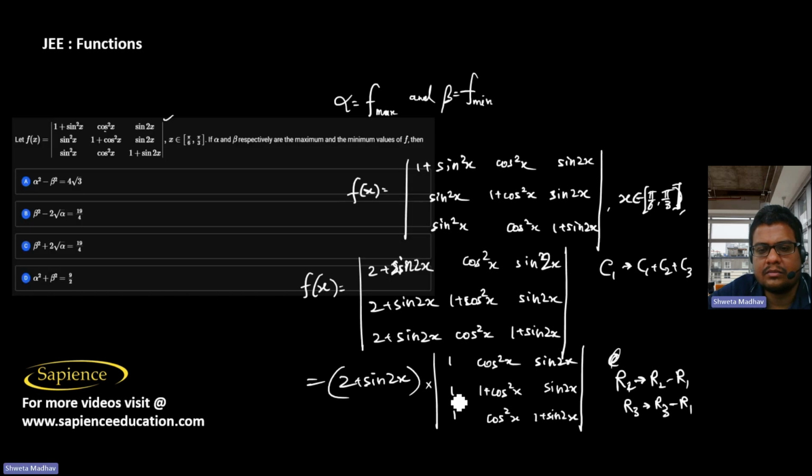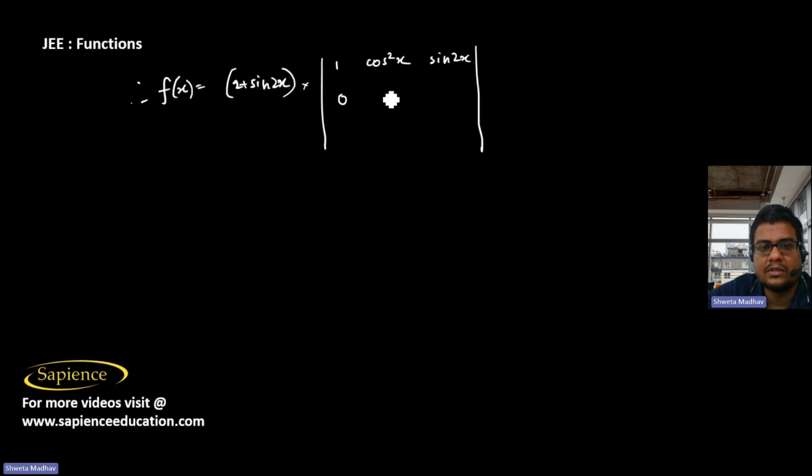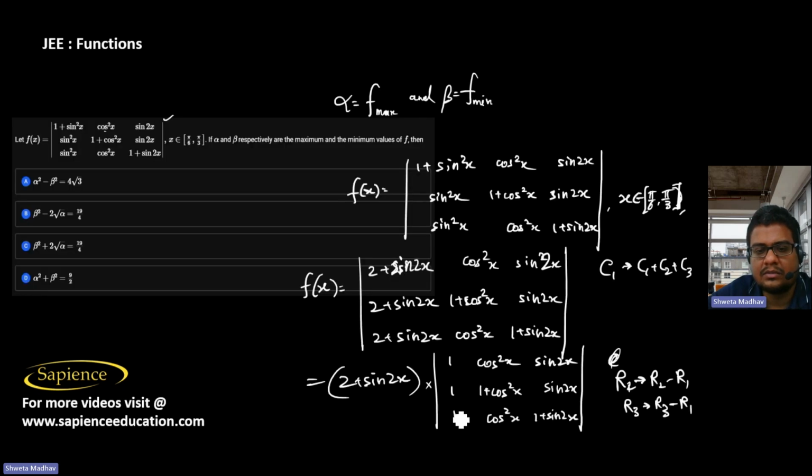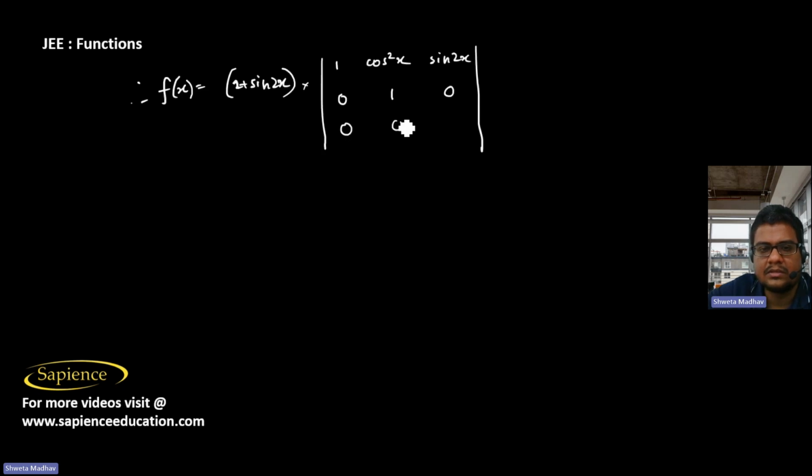Then here this will be 1 minus 1, that is 0. This will be 1 plus cos square x minus cos square x, that is 1. Sine 2x minus sine 2x, that is 0. Here also 1 minus 1 is 0, and here cos square x minus cos square x is 0.